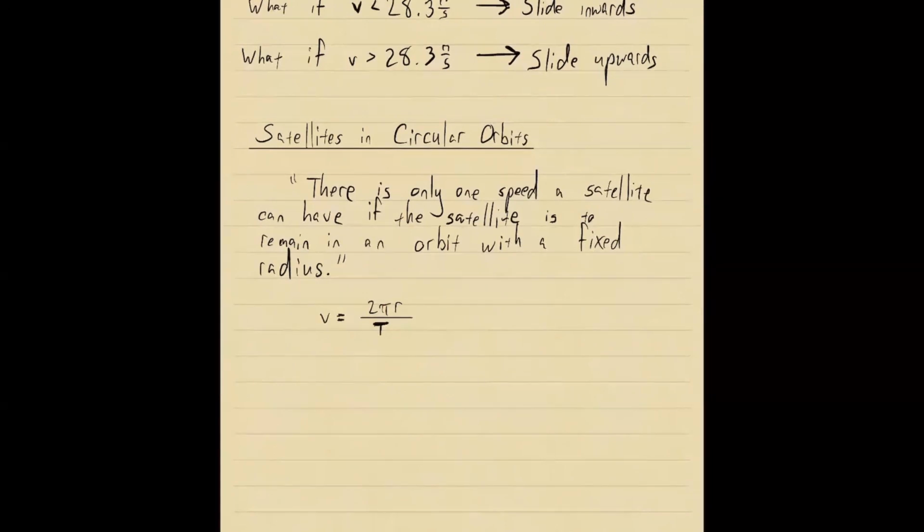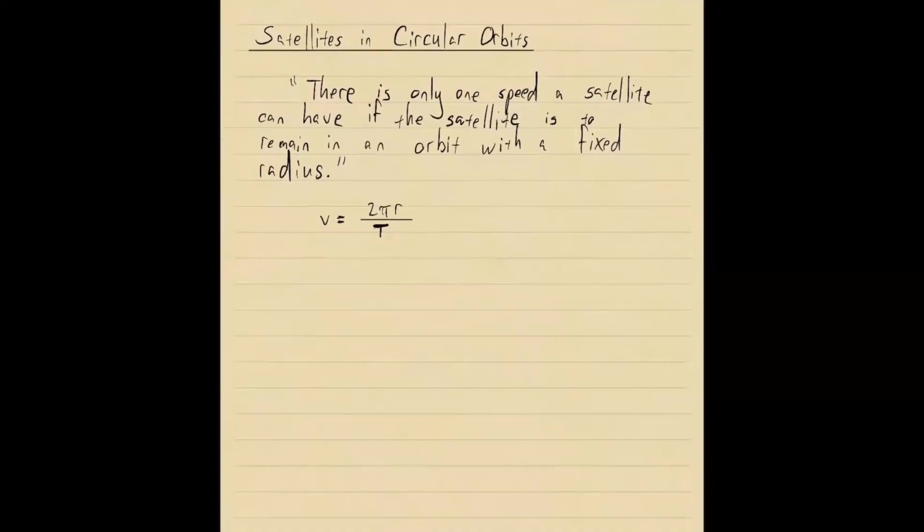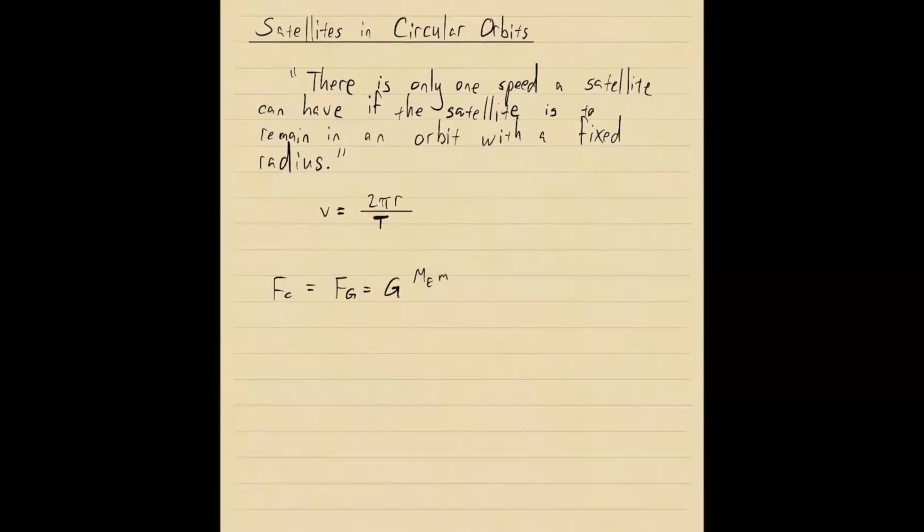So when we're talking about satellites and things that typically deal with gravity, the centripetal force is given by the gravitational force between the two objects, which, if you remember, is Newton's constant G times the mass of the Earth, M_E, times whatever mass we're looking at, divided by the distance between the center of the Earth and whatever we're looking at, squared.